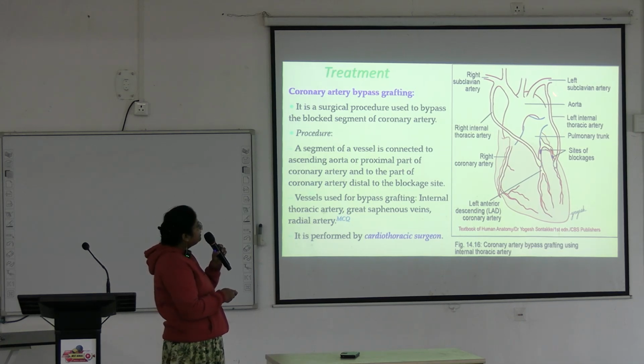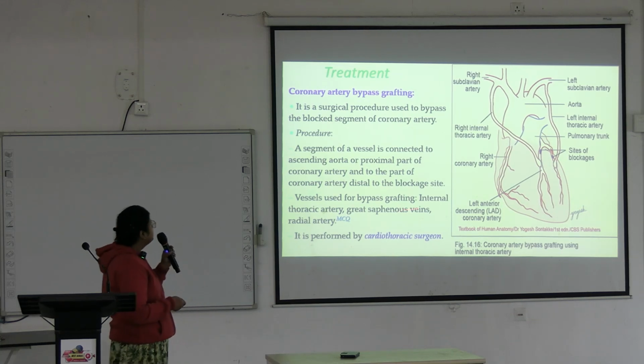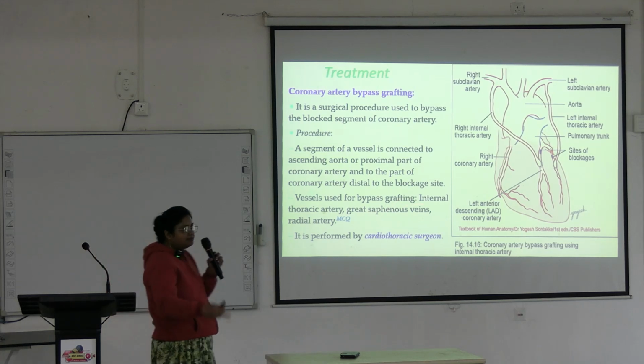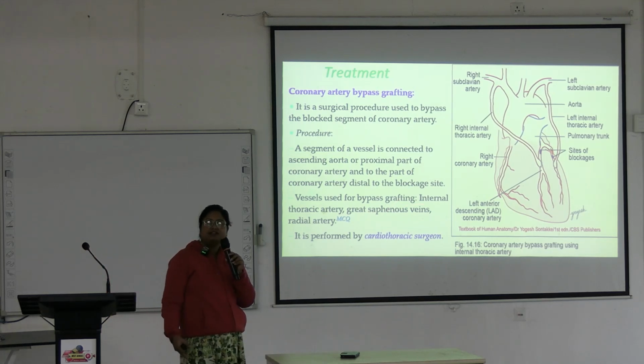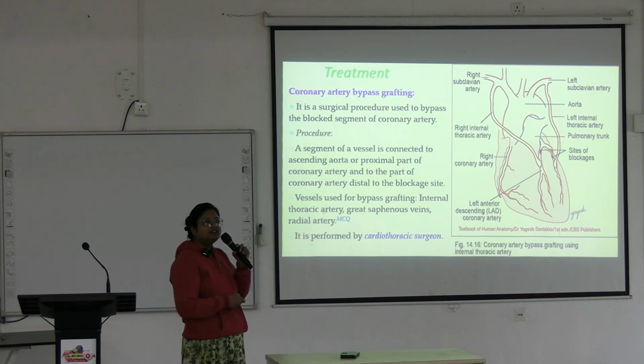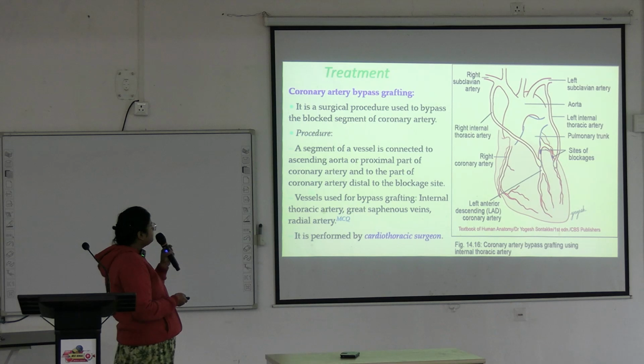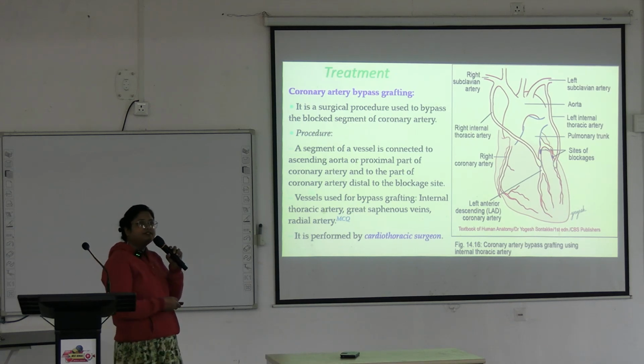Here the left internal thoracic artery is connected distal to the blockage. Okay, like this it is used, and for the great saphenous vein, some part of the vein is removed from your leg and it will connect the proximal and distal part of the block area. That's how it is done. Coronary artery bypass grafting.